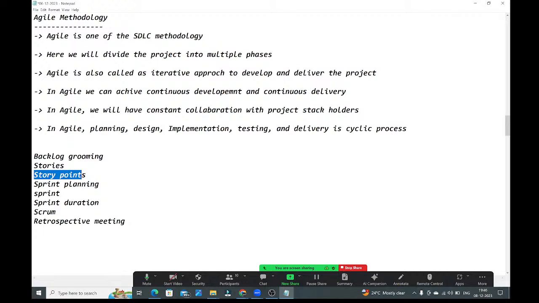Yesterday morning at 10 o'clock we had the scrum meeting, and at 10:30 it finished. From yesterday 10:30 till the end of the day, what you worked on, and now today we have the scrum meeting. After the scrum meeting, what I am going to work on.